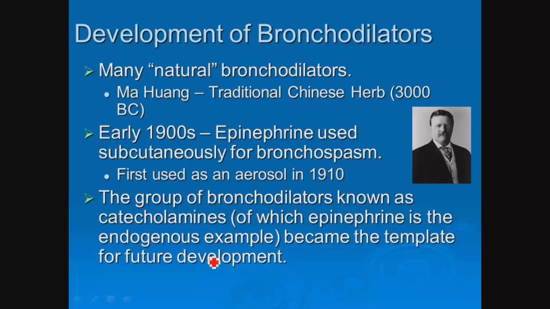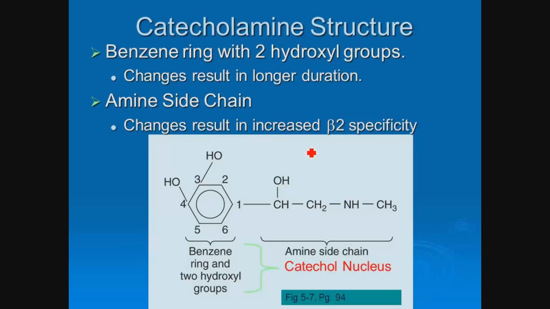But all of these drugs that mimic what epinephrine has done, because remember, epinephrine is an endogenous substance produced by the adrenal glands, right? All the drugs, the group of bronchodilators that mimic that, we're going to call catecholamines. That's the group that are similar in structure to epinephrine. So the catecholamines are basically made up of two different portions.